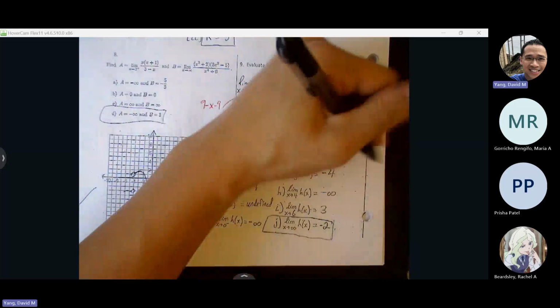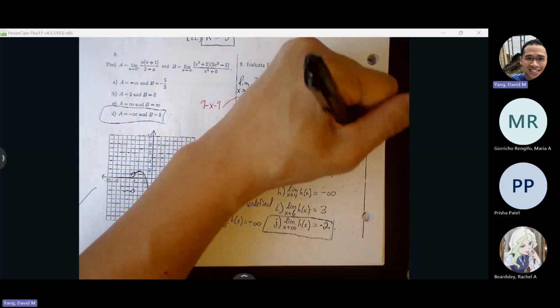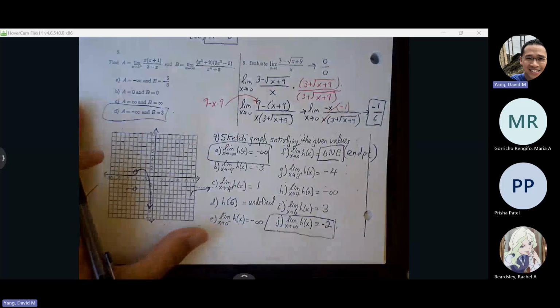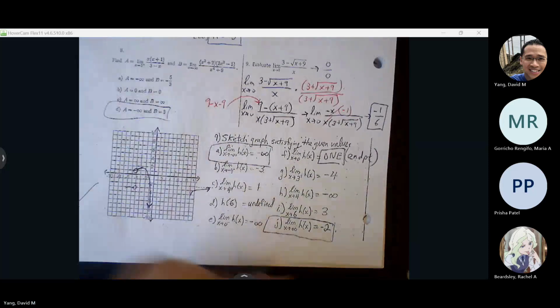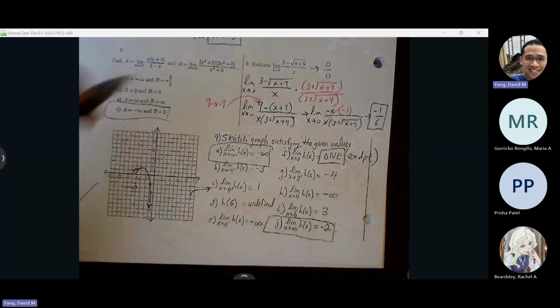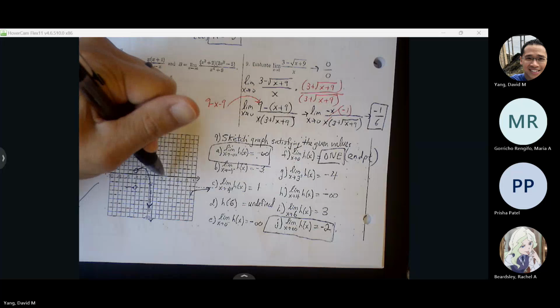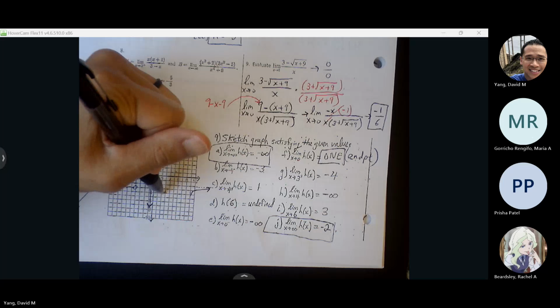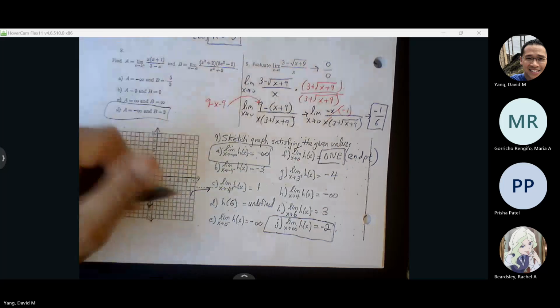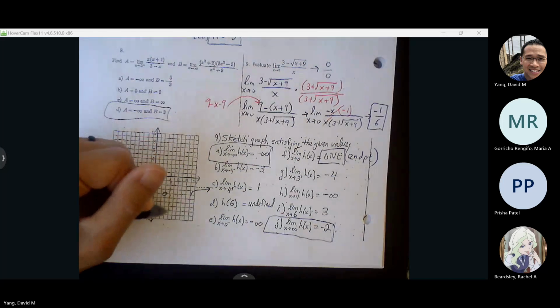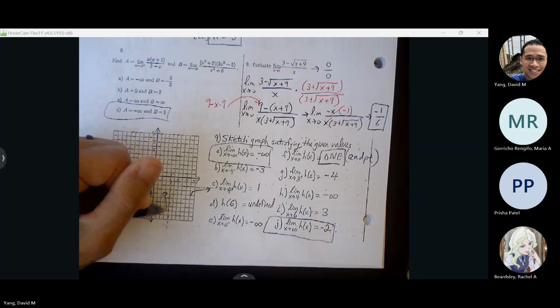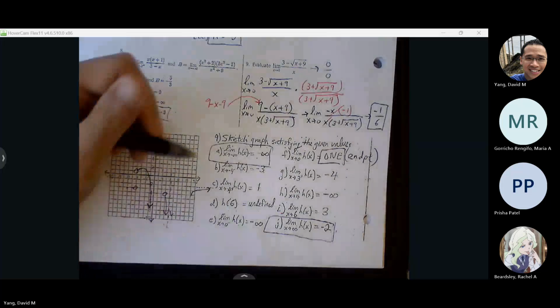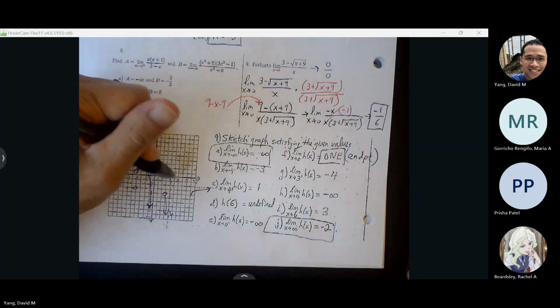I'm going to just force this to be an endpoint that feels easier to me. Just don't pick it up at the other side here. 3 from the right. Six, 3.